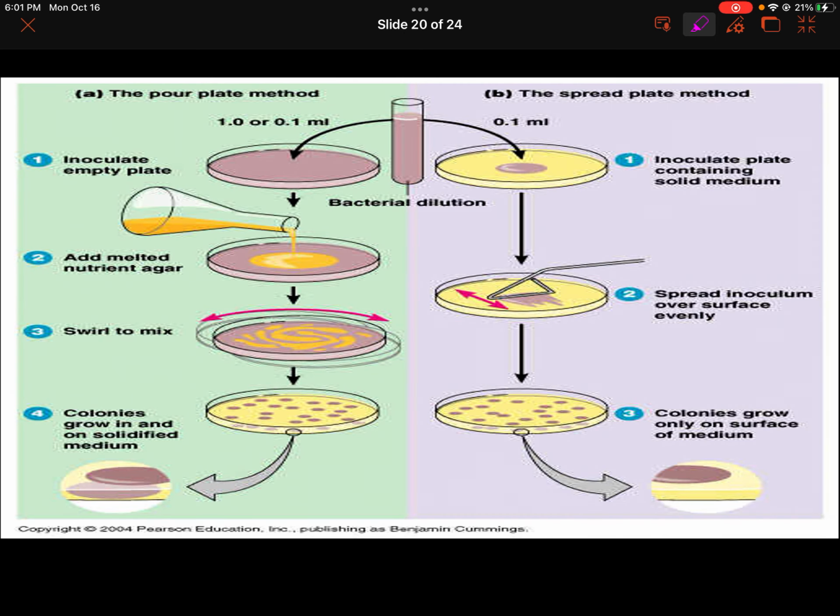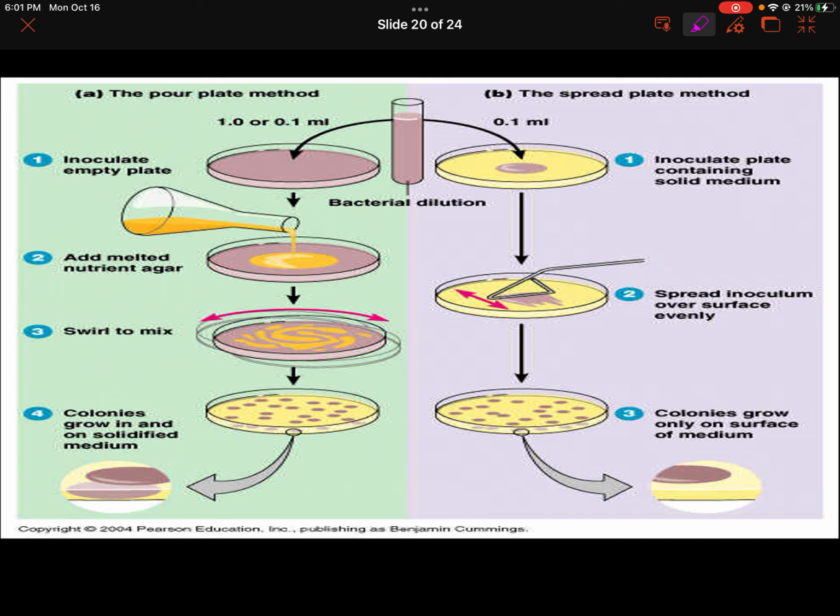So this is the comparison of the pour plate and the spread plate method. In the pour plate technique, you can dispense immediately the diluted sample on an empty plate, while on the spread plate you have to pipette it directly on the solidified agar.